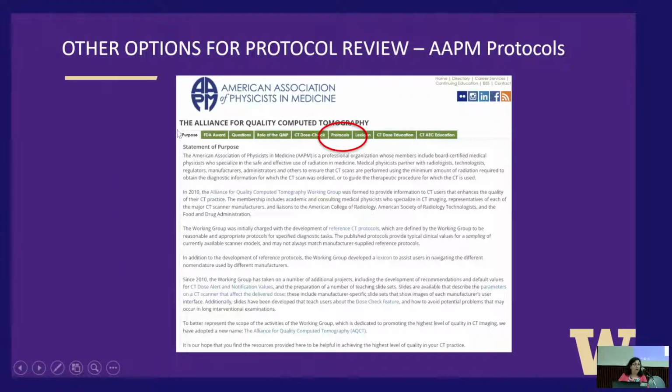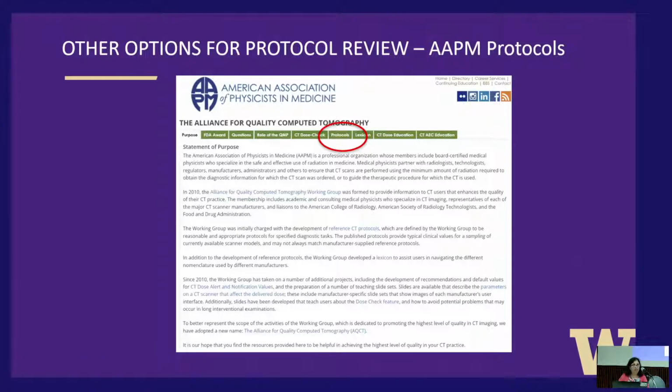So a great resource for all of you, and outside the US, there is a role for our physicists. What do physicists do? CT dose check, which I will talk about when we talk about the technologist role, protocols, looking at lexicon, the ARPIDs and RADLEX. The CT dose education and the CT automatic exposure control education slides are amazing.